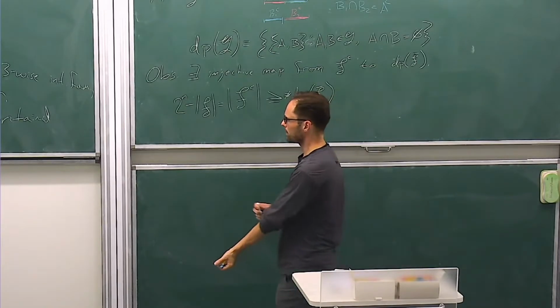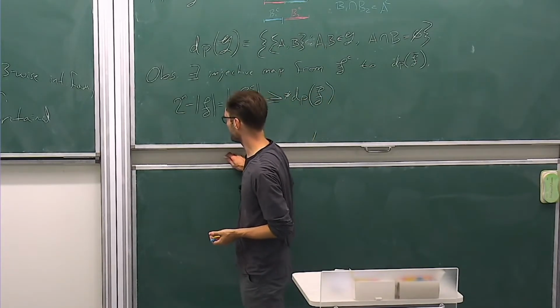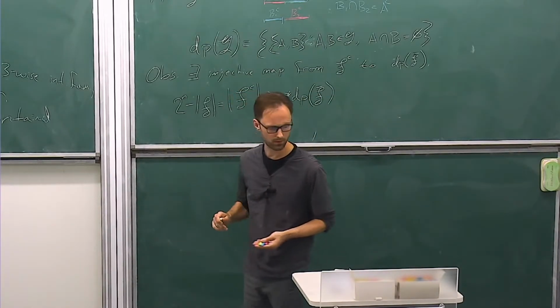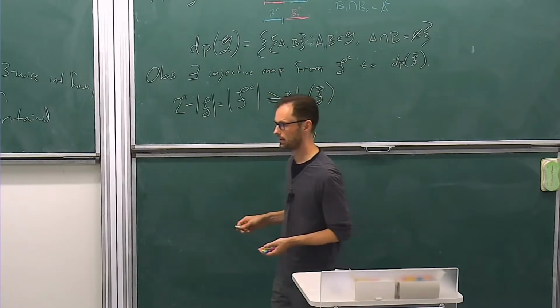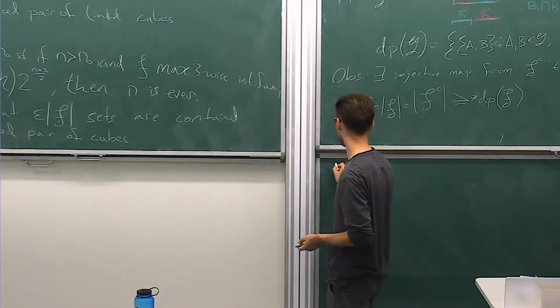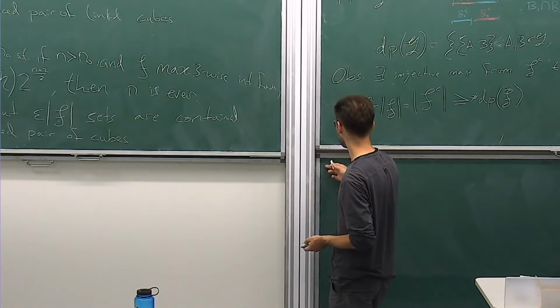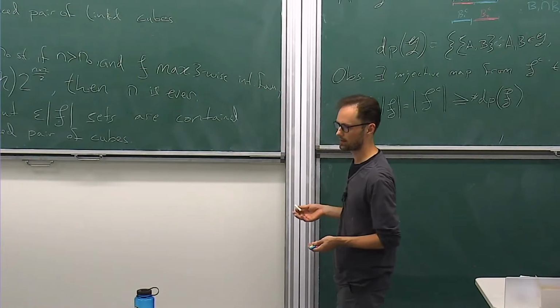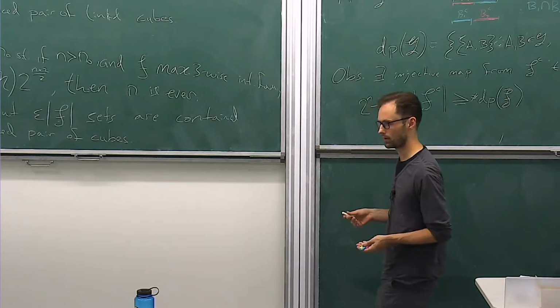So the way to maximize the number of disjoint pairs is basically known from previous work. We have, say, a series of cubes. Let me just state things for the case that we're interested in, where there's a pair of cubes.